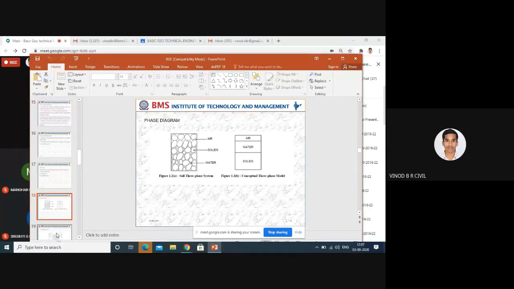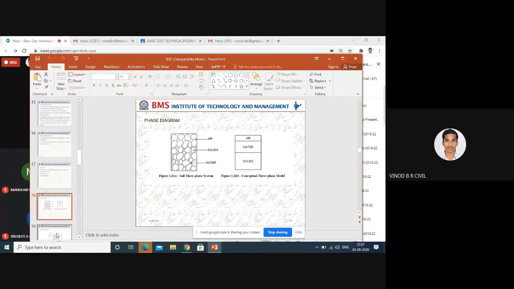And we already discussed the phase diagram. In the last class, I briefed about the phase diagrams. I gave the example also: the lake, football ground, as well as the garden soil. Usually, we can expect three-phase diagrams as well as two-phase diagrams.